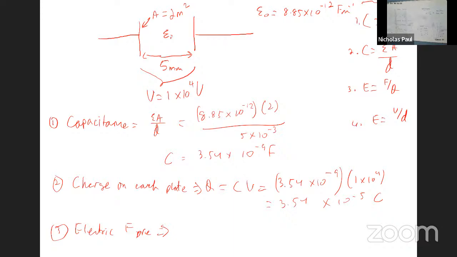All right, let's see what you got. So I said F is equal to EQ, E is equal to V on D. So you plug in your potential, 1 by 10 to the 4. Q is 3.54 by 10 to the minus 5, divided by D, which is 0.005.